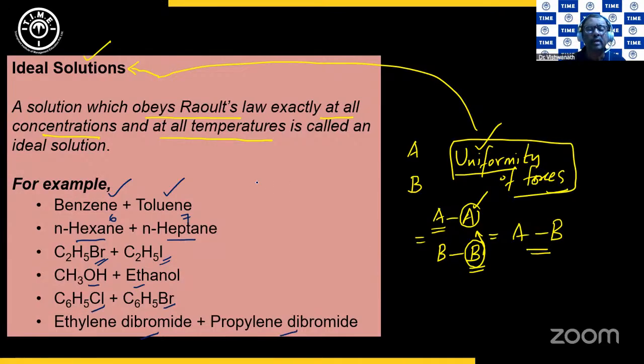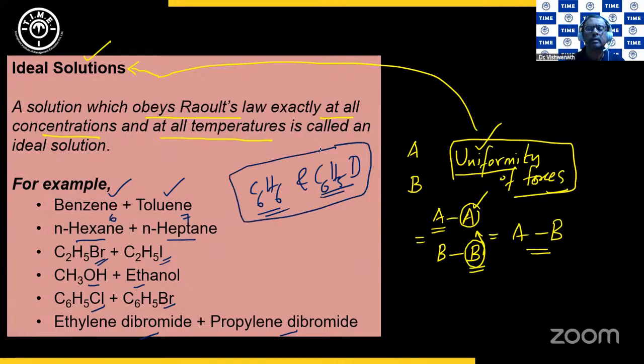Even if you have taken C6H6 and C6H5 with a deuterium, still there will be a difference. We can call it ideal, but still there is a deuterium which is different from hydrogen. Even there, when you find a difference, you can find more difference between benzene and toluene.